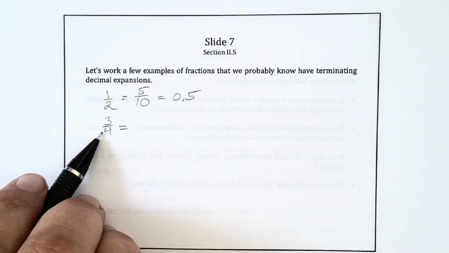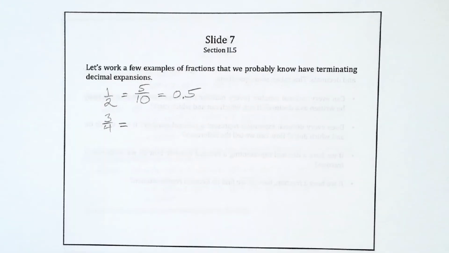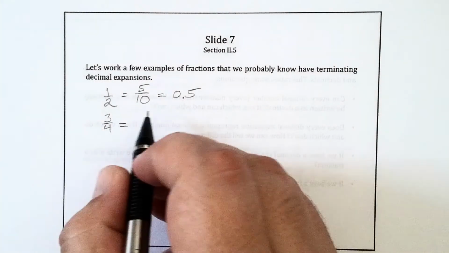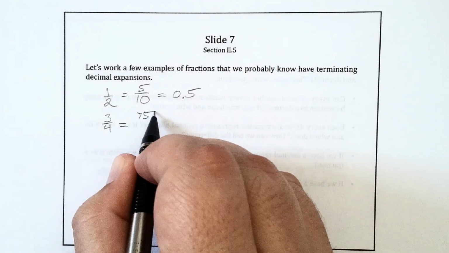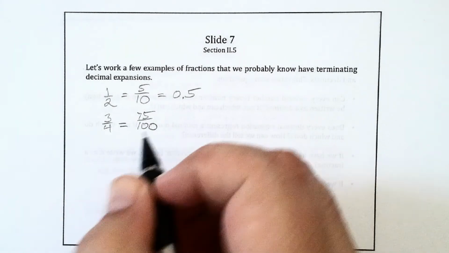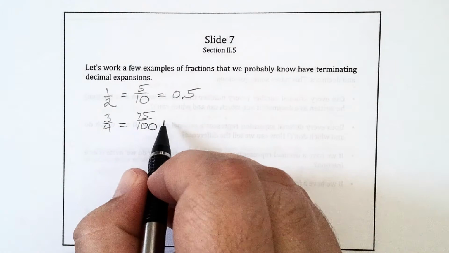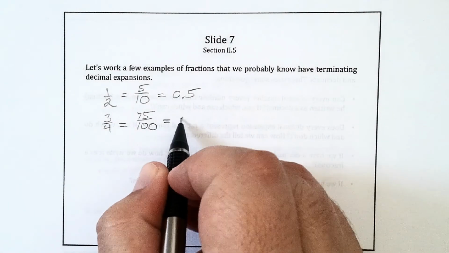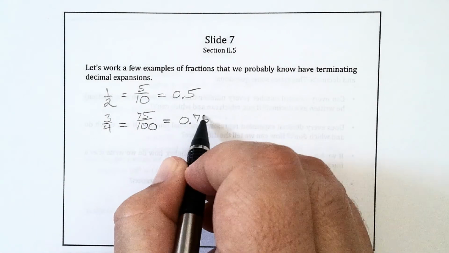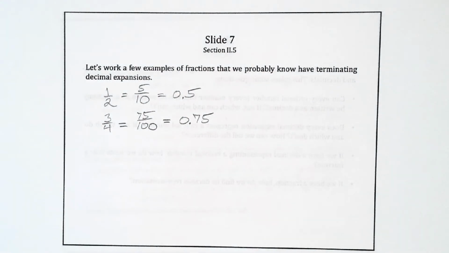That's not going to work here because 4 does not go into 10. But it does go into 100. I could multiply top and bottom by 25, and I'd get 75 over 100, which is 0.75. Dividing by 100 moves the decimal point 2 places to the left, and that's what we're doing here.